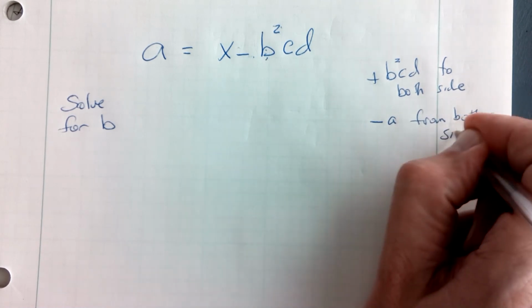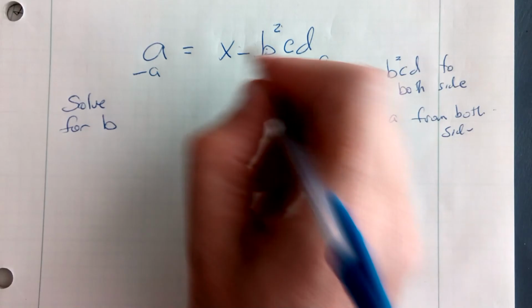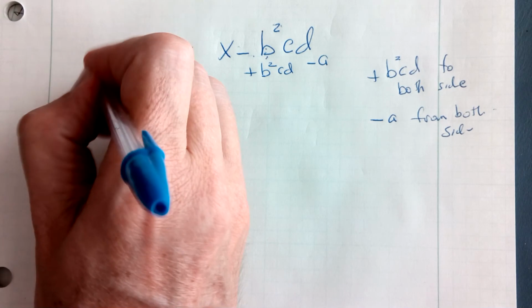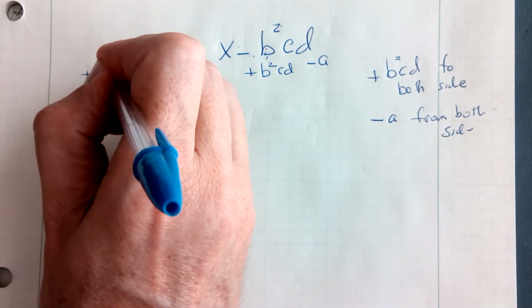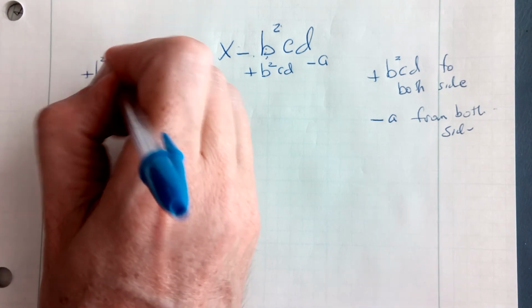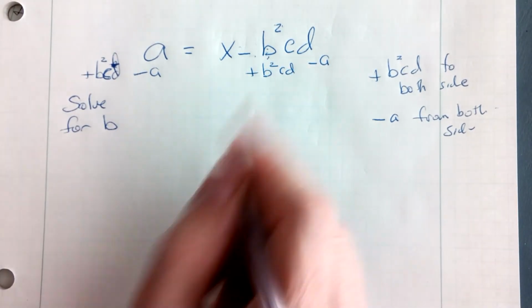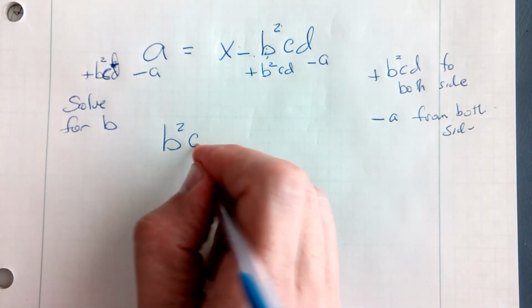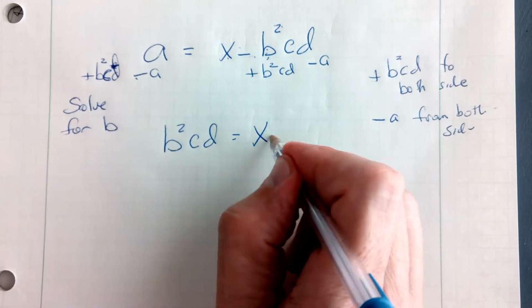So I'm going to minus a, and I'm going to add b squared cd, not a c squared, a b squared cd. So again, what's going to happen is I'm actually moving that over to the left side: b squared c times d equals x minus this a.